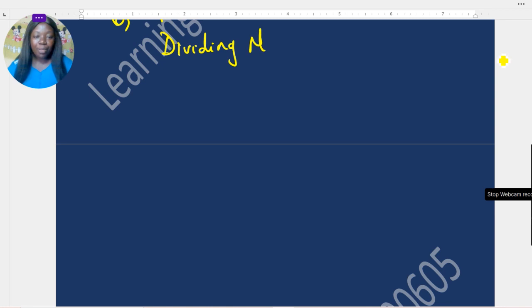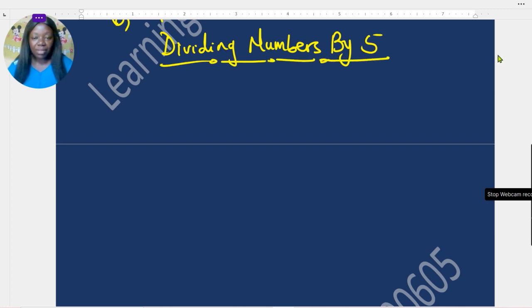Dividing numbers by 5. When dividing any number by 5, double that number, write down your answer, and introduce a decimal point.